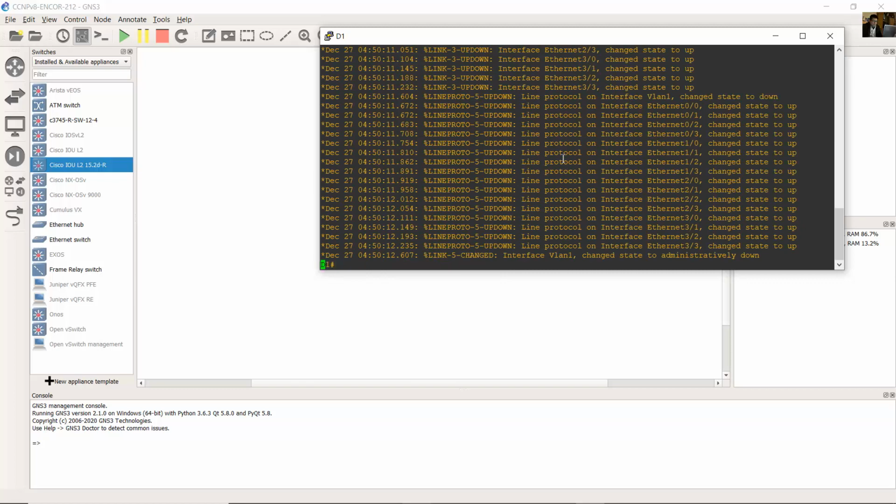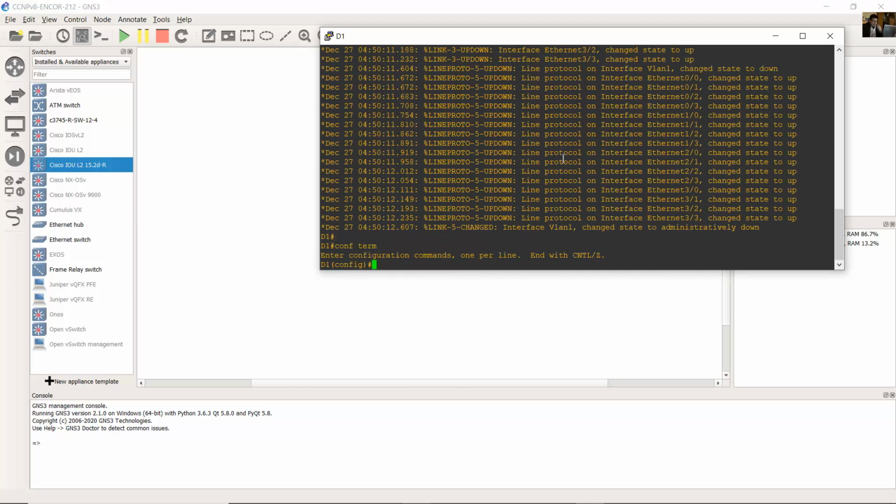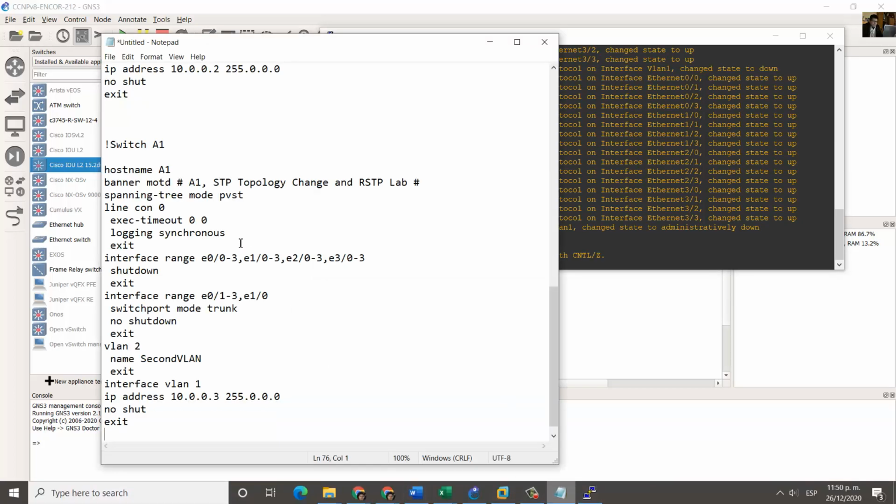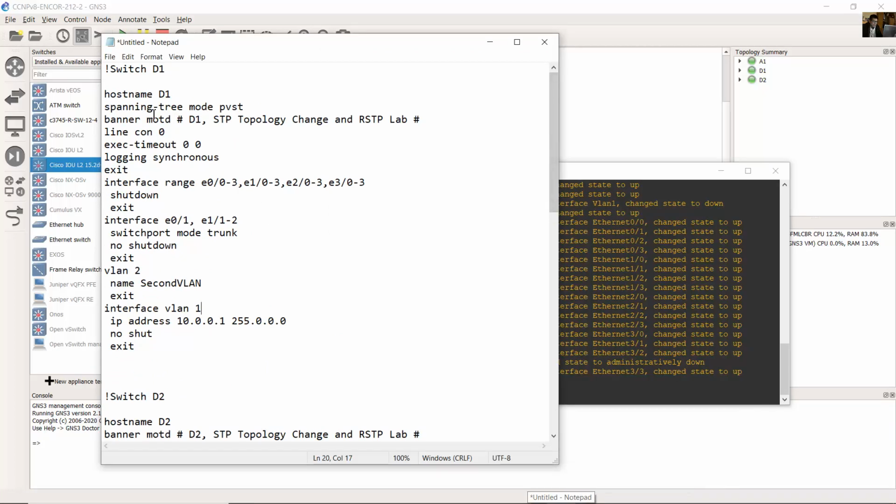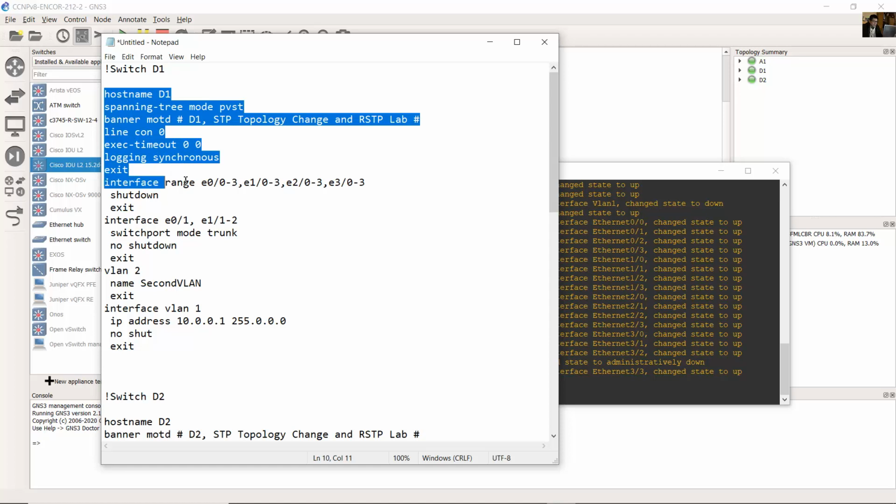Enter and configure terminal. The Notepad, okay, and review this: hostname, spanning tree, banner, line console, interface range, shut down all interfaces.